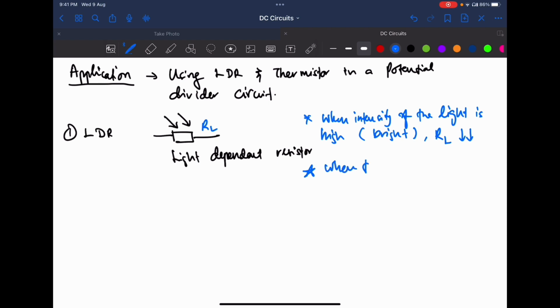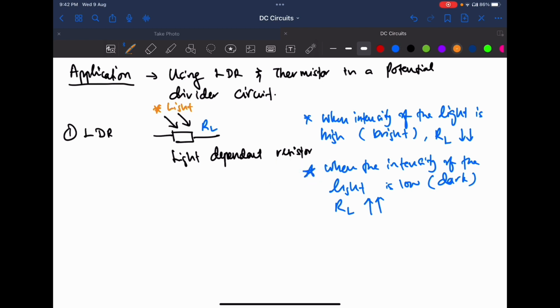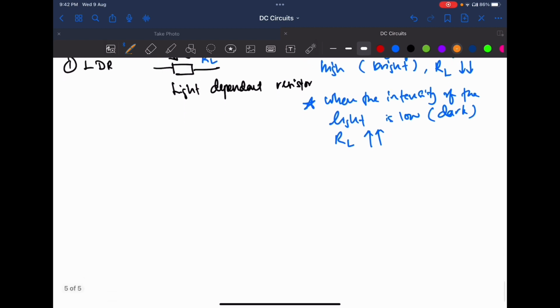When the intensity of the light is low, that means when it becomes dark, the resistance of the LDR increases. Okay, so let's assume this is the intensity of light falling on it, right?